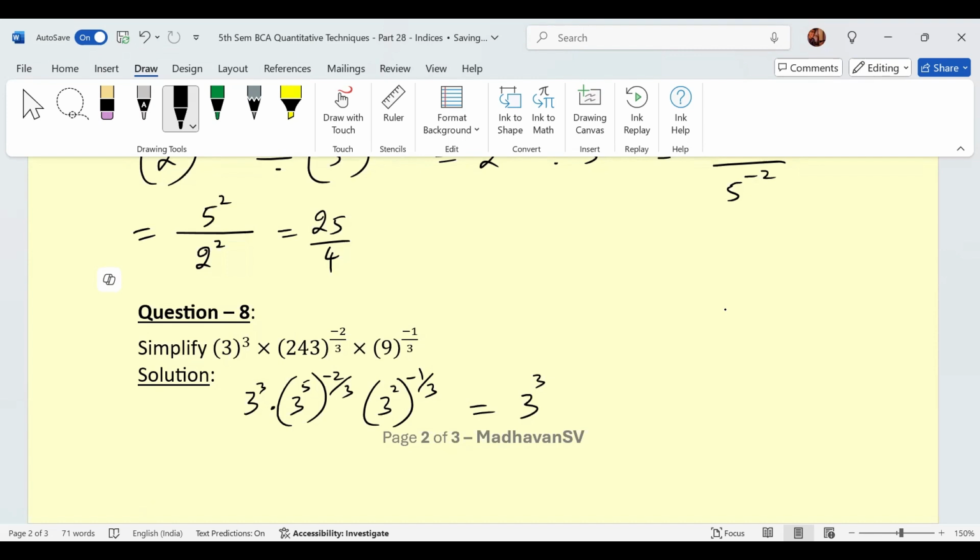This is 5 into 2, minus 10 by 3. And this is minus 2 by 3, which is nothing but 3 power 3. This is minus 10 minus 2, minus 12. Minus 12 by 3 is minus 4. Minus 4, this will give you 3 to the power of minus 1, which is nothing but 1 by 3. That will be the solution for the 8th question.